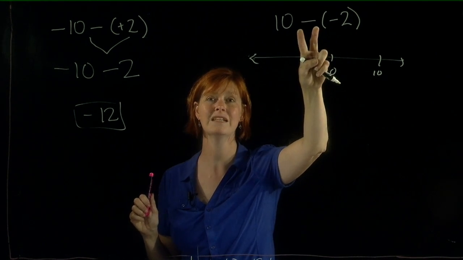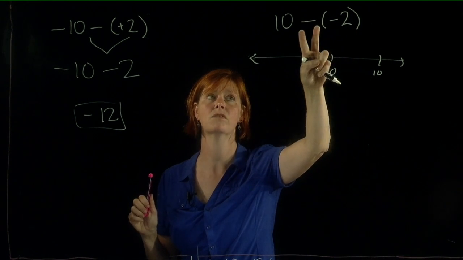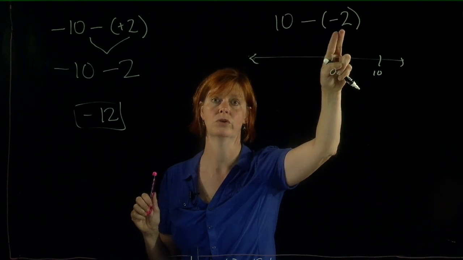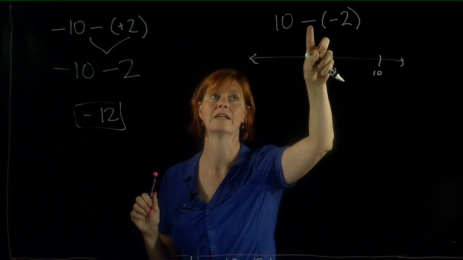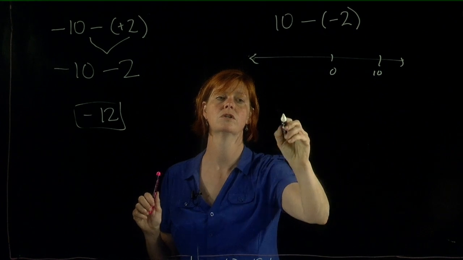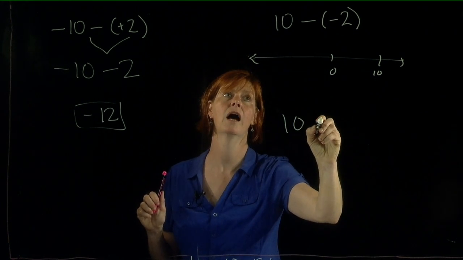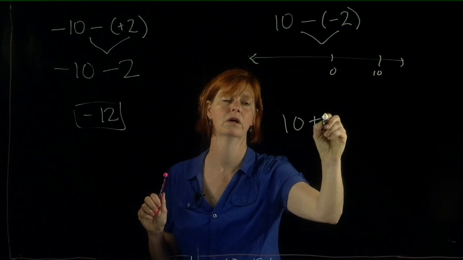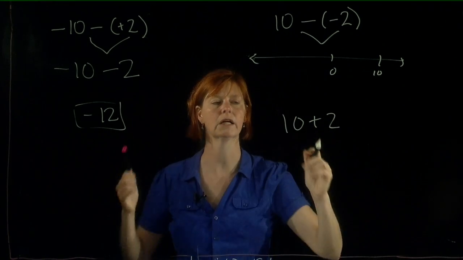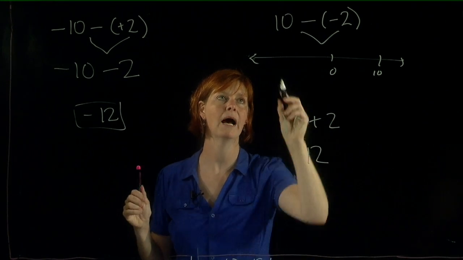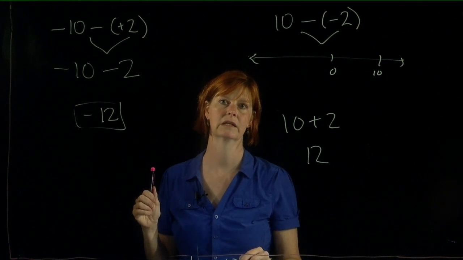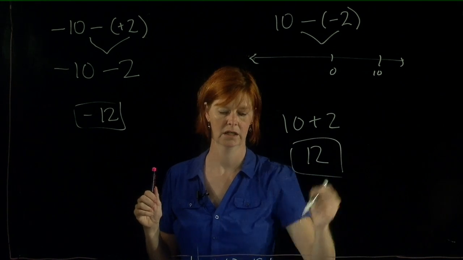So instead of going down 2, I'm going to take the opposite, and this is going to be an up 2. I know, this is mind-boggling. It's hard to imagine, but minus a minus becomes a plus.